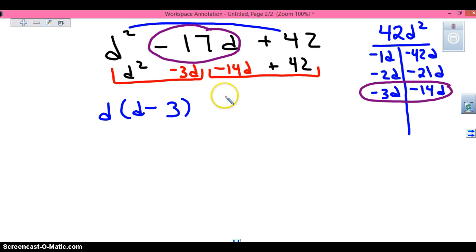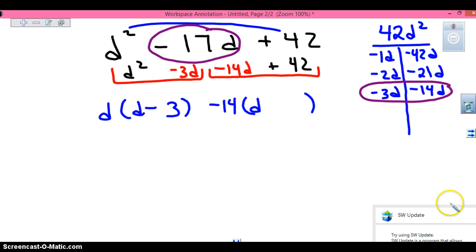Why negative 14? Because we want this to be a minus sign or a plus sign. We want it to be a minus sign, so negative 14. Negative 14d divided by negative 14 is d. 42 divided by negative 14 is negative 3.